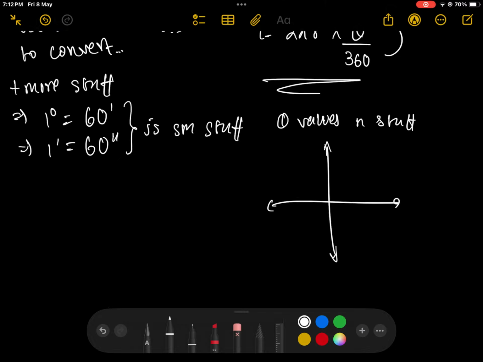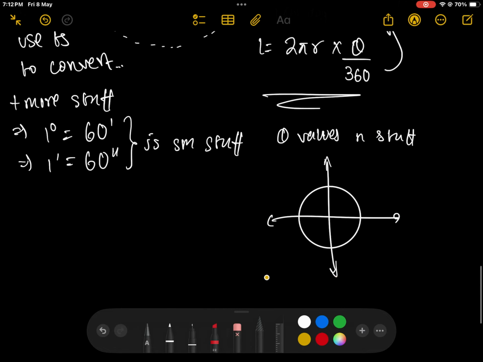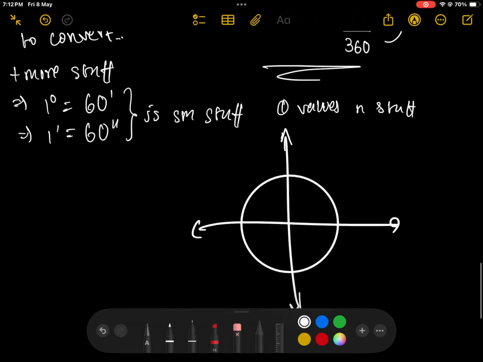Okay, so now I'm going to go for the values of theta. If we draw a circle with O as the origin and the center of the circle, you see these lines, the x-axis and the y-axis.